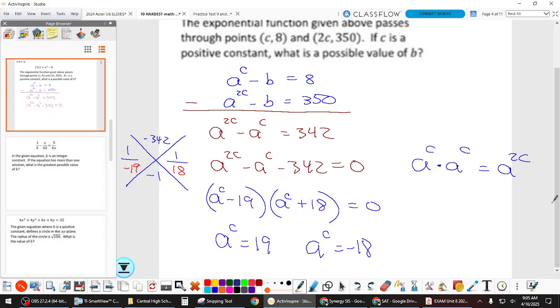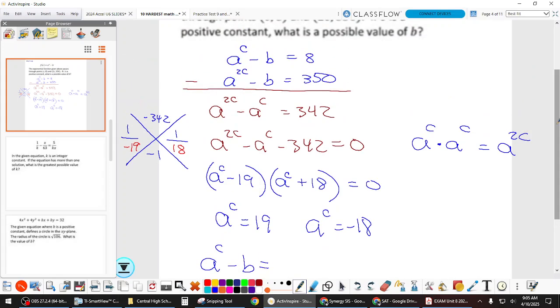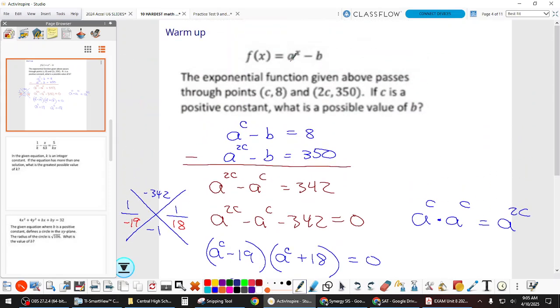Okay, well, so we can take this and say a to the c. We know a to the c is 19. So we can say a to the c minus b, that's this, is 8. That's like one of the values of the function.